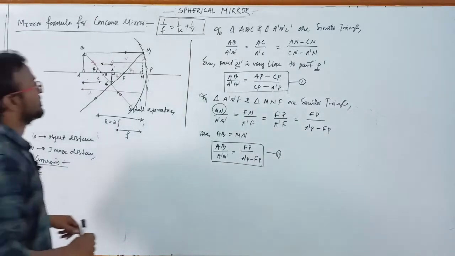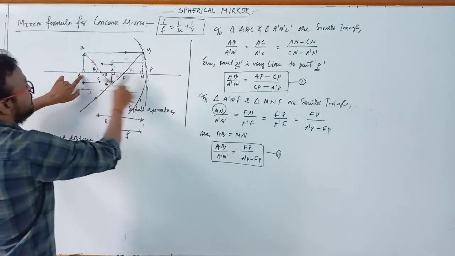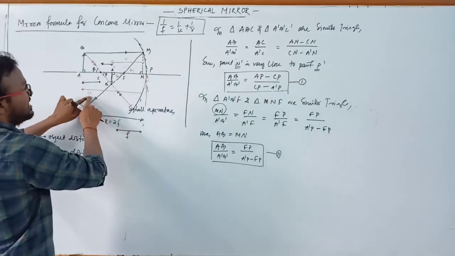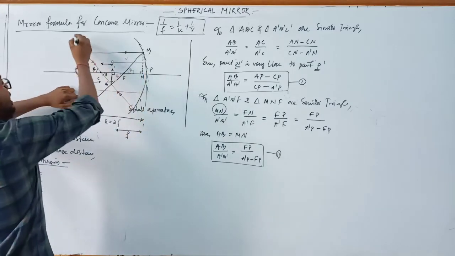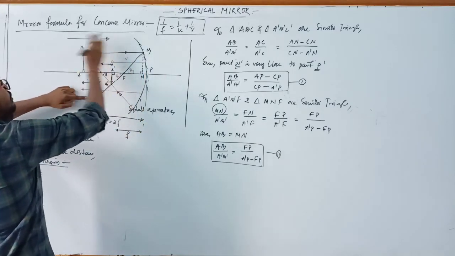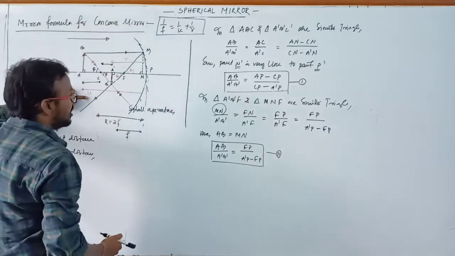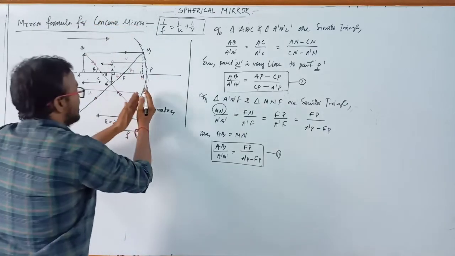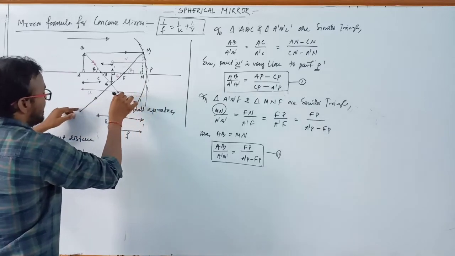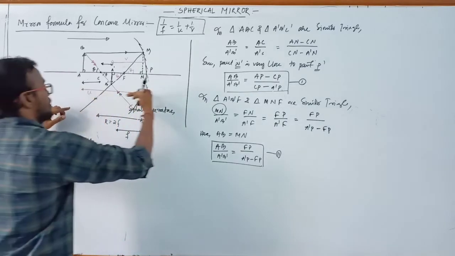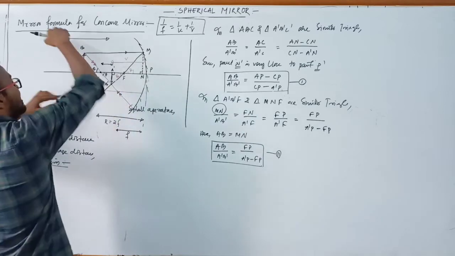What is AP? The distance A to P is the object distance, but we have to measure distance always from the pole. The light is coming from left to right, but distance is always measured from the pole, so the object distance is measured in the direction opposite to the ray of light.